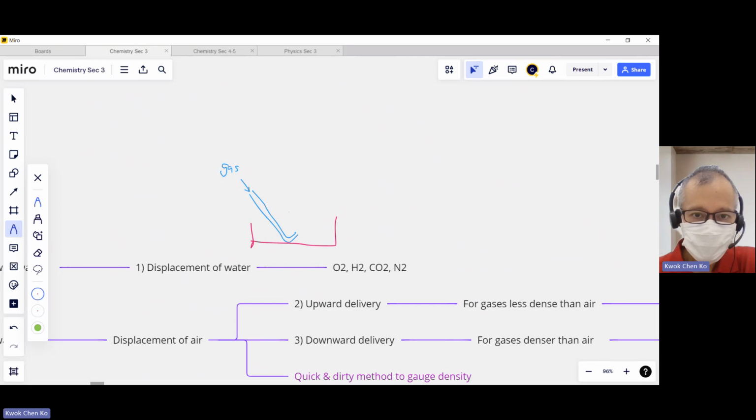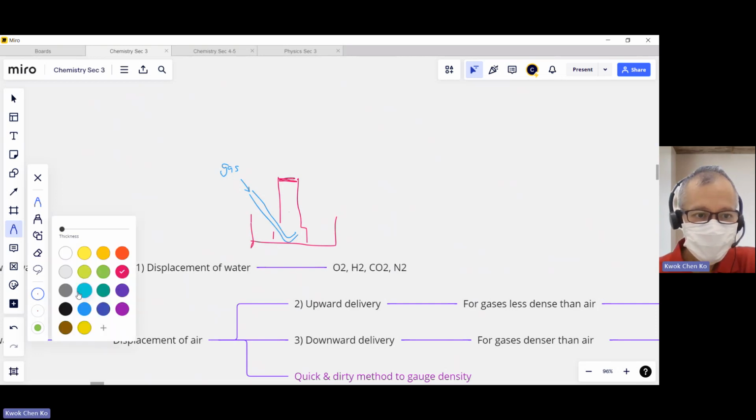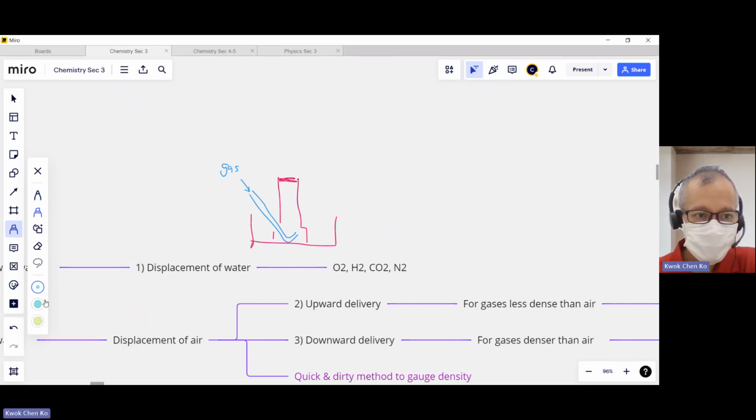Here you have this apparatus here, a glass container. And typically this apparatus is filled with water.